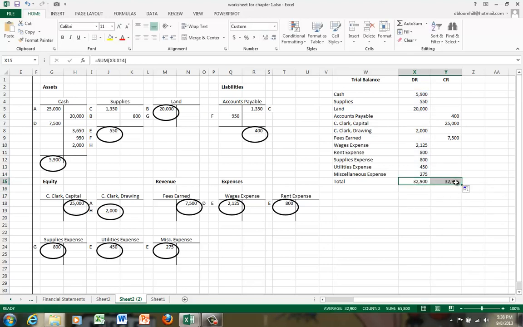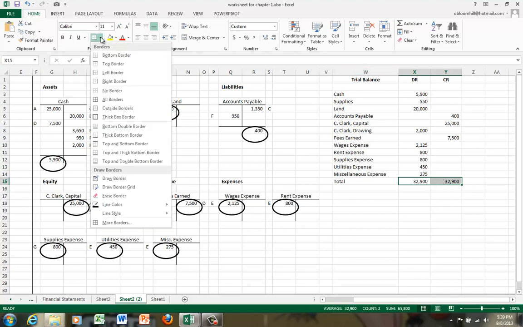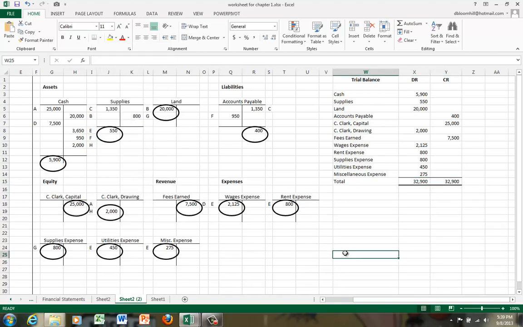And now I'm going to copy the formula here. This formula adds up all of my credits, 25,000 plus 7,500. So I add to 32,900 of debits, 32,900 of credits. So what I'm going to do is I'm going to double underline the bottom to show that I'm in balance. And now I'm basically really happy because I can now do all of my financial statements.